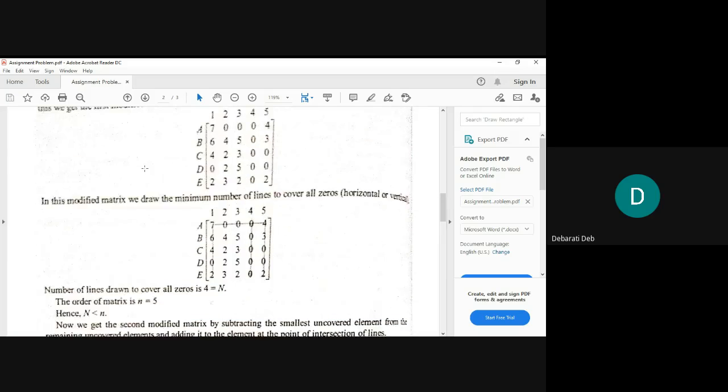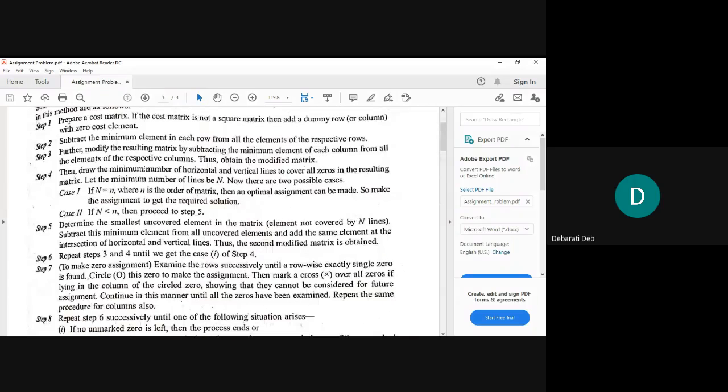All right, so let us move ahead then. So now you see, I'll take you back to the steps. See, in the fourth step, there is another part also. We did the first part yesterday. So after drawing the minimum number of lines, let us denote it by capital N. After doing that, there can be 2 possible cases.